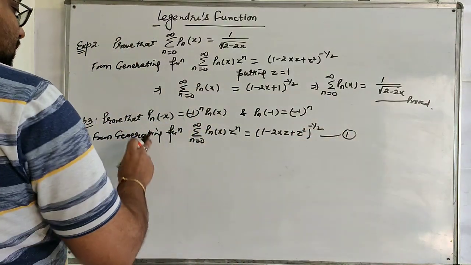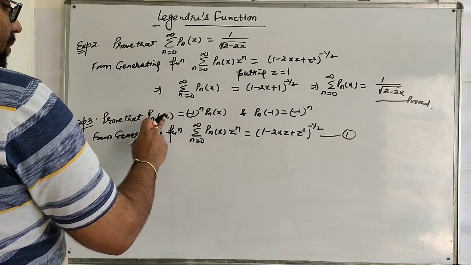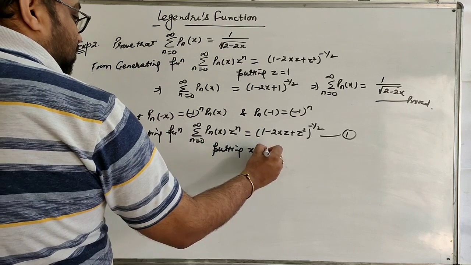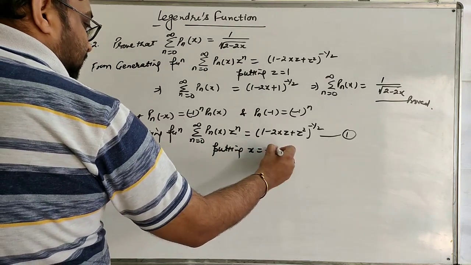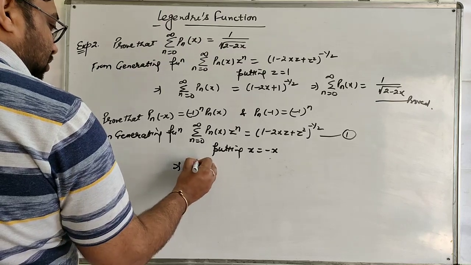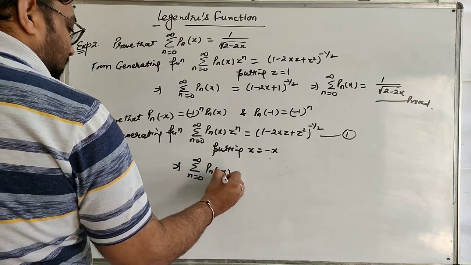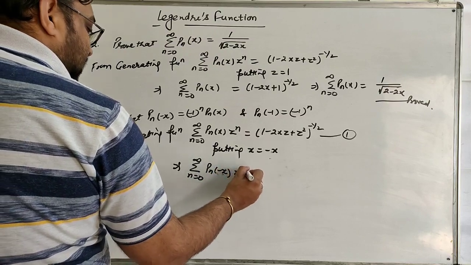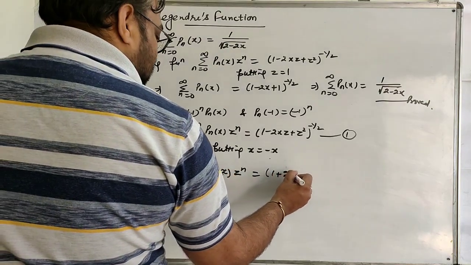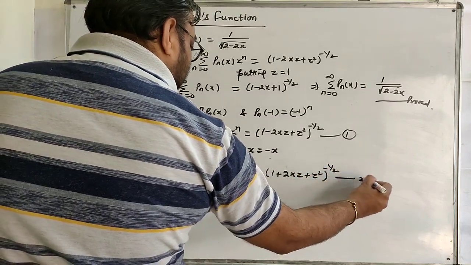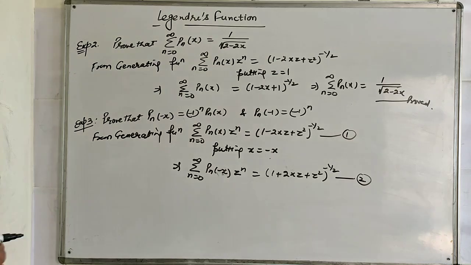Let it be equation number 1. We have to find the value of Pn(minus x). So putting x equals minus x, what we get? Sigma n equals 0 to infinity Pn(minus x) z raised to power n is equal to (1 plus 2xz plus z square) power minus 1 by 2. Let it be equation number 2.